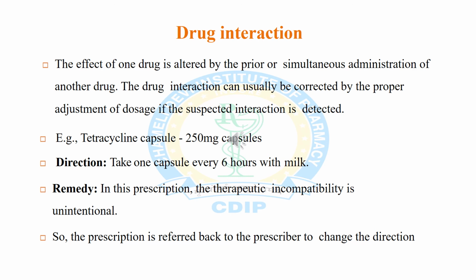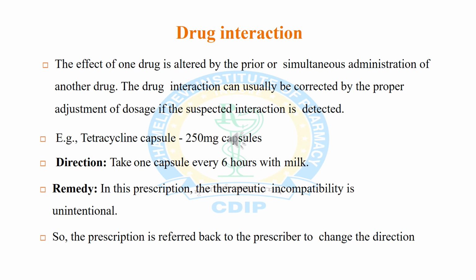Drug interaction can usually be corrected by proper adjustment of the dose if the suspected interaction is detected, or by adjusting the time of administration.